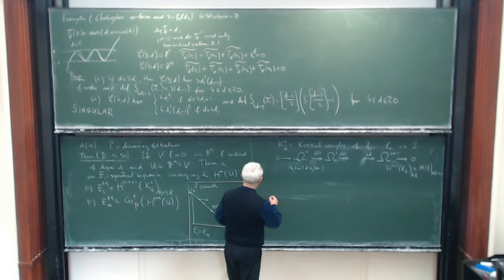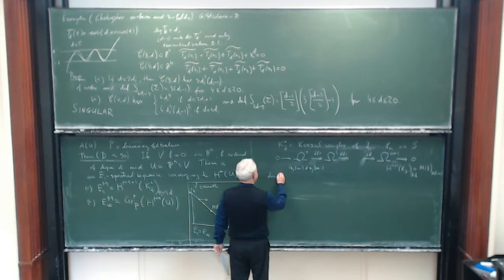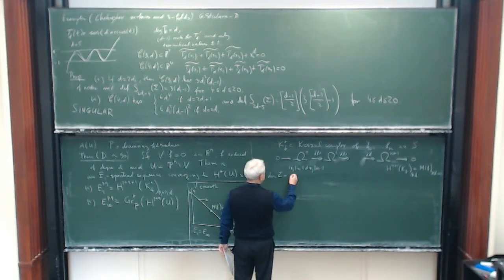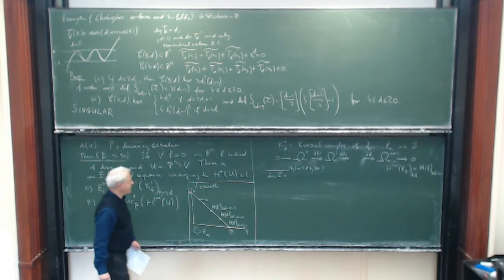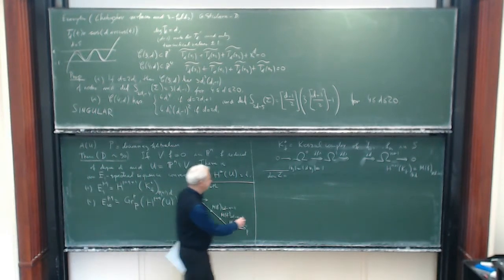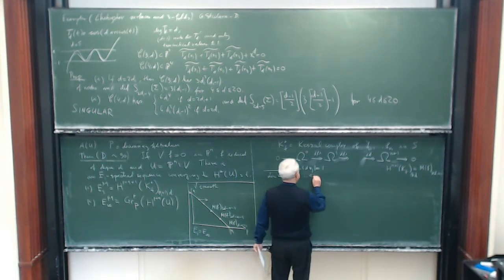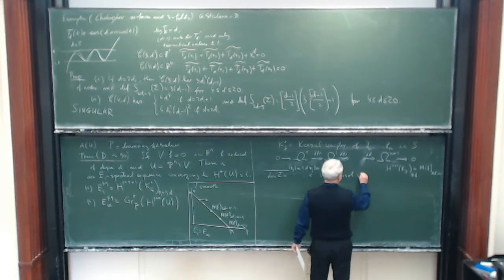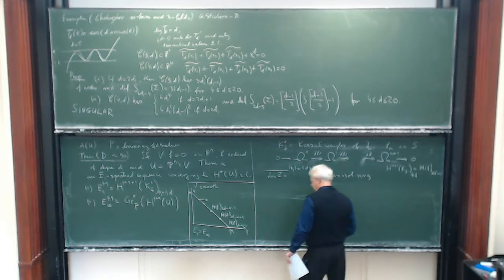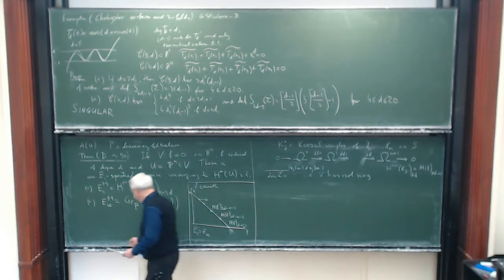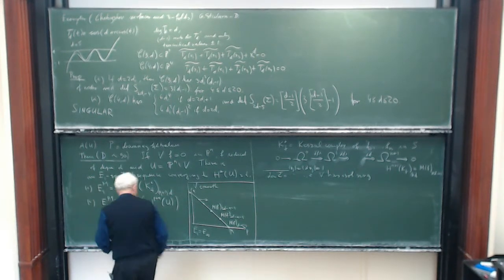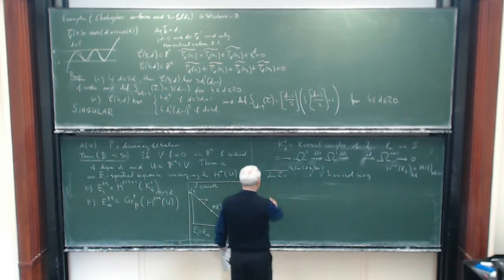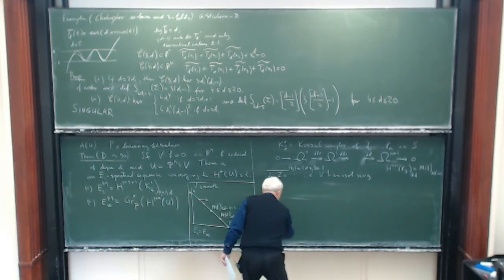Okay, so now let's look at the situation when the dimension of the singular locus is equal to 0, so when we have isolated singularities. And then this spectral sequence looks like that.